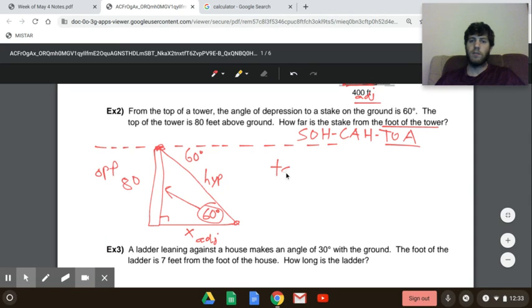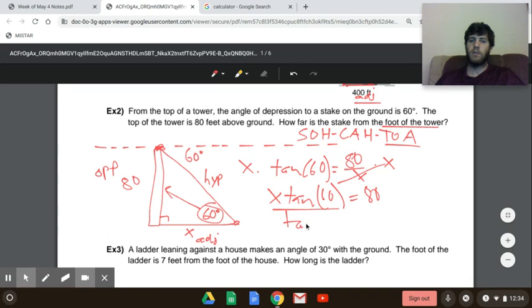So tangent of 60 degrees equals opposite over adjacent, so that's going to be 80 over x. Then we have to solve for x, so we multiply x on both sides. You get x tangent 60 equals 80, and then you can divide both sides by the tangent of 60.